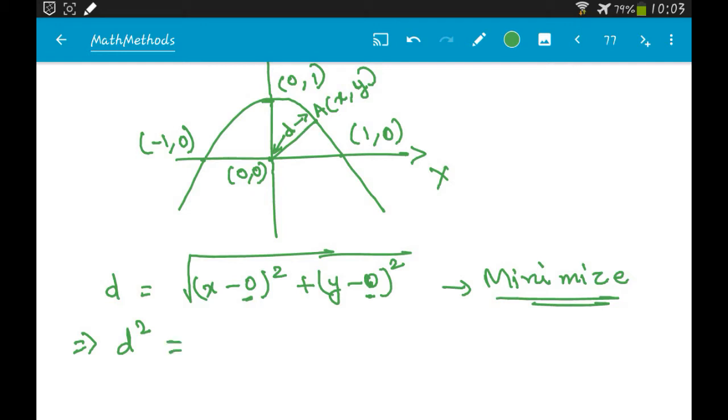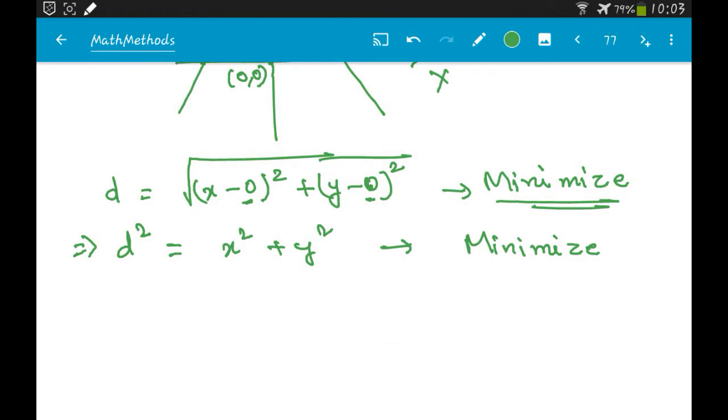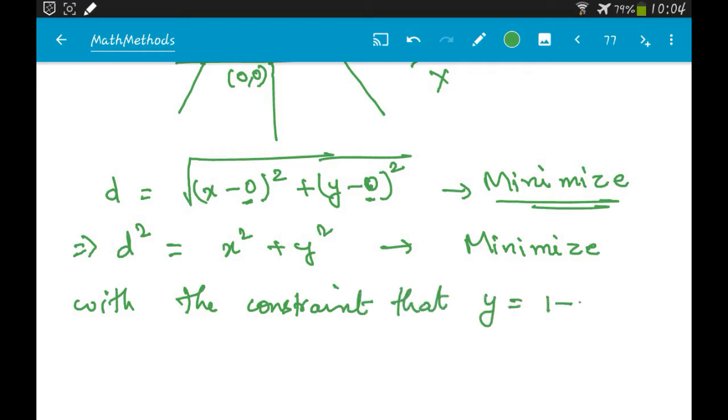So d square is x square plus y square, and we will minimize this with the constraint that y equals 1 minus x square. Now we have mathematically represented our problem. This d square represents our function and this represents our constraint.